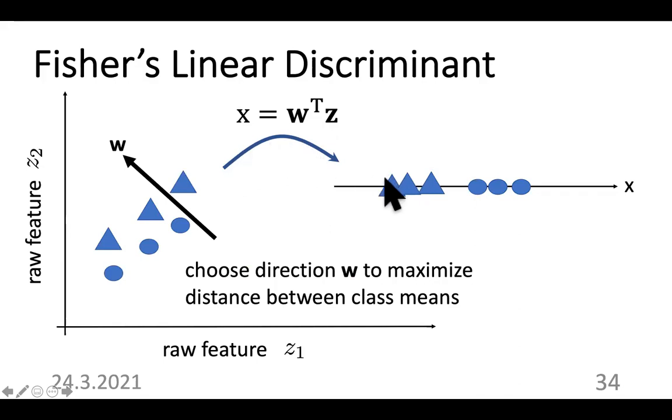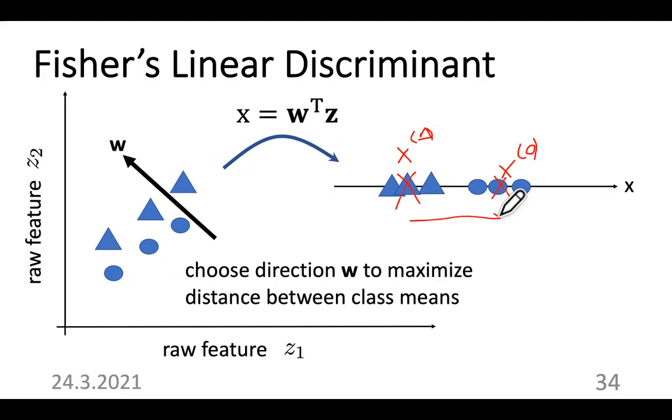What we would like to do in Fisher's linear discriminant analysis is learn a compression such that in this new feature space, using a single feature, we can compute the class means for each class. For the triangle class, this would be the mean feature. And here we compute the mean feature for the circle class.